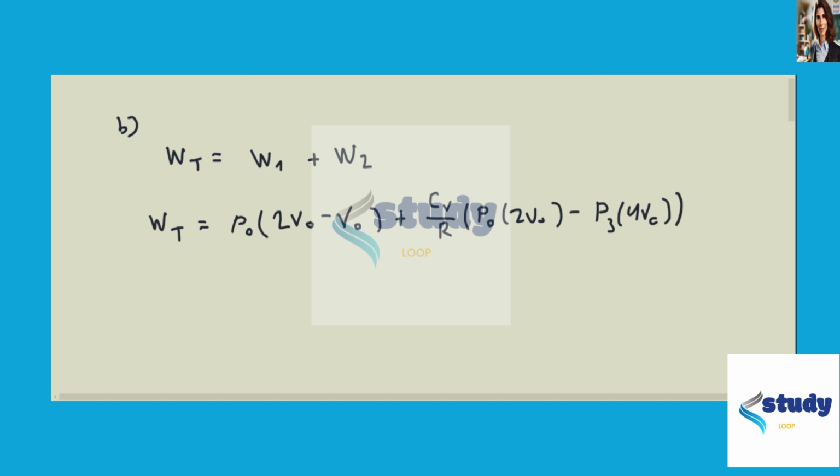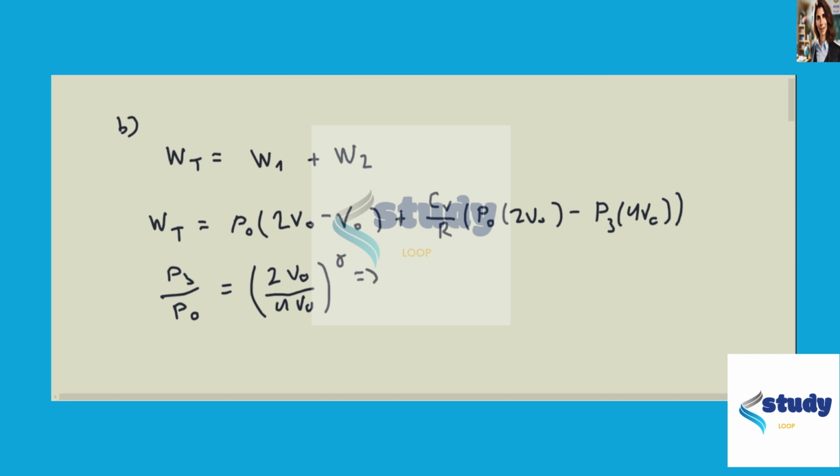Here we can do some further substitutions, knowing that for an adiabatic process, the pressure P3 over the initial pressure is equal to the ratio between the initial volume and the final volume to the power gamma.